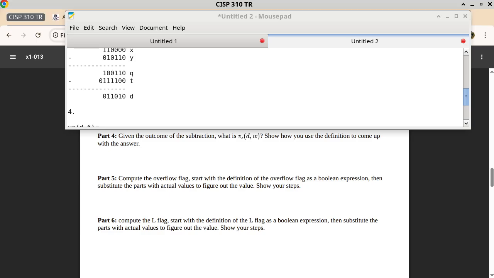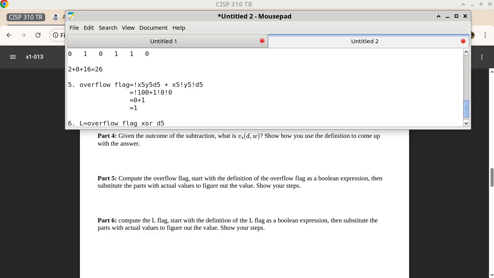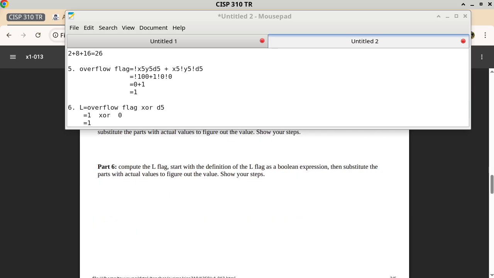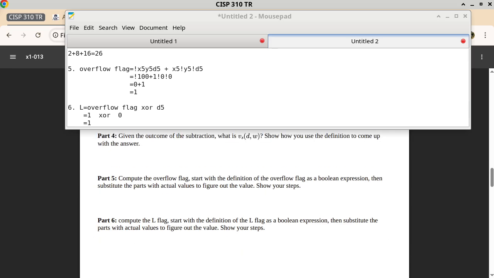D5 is a 0 in this case. So that would be a 0, and that is a 1. Okay, so the L flag is a 1. And let me see if I missed anything. Substitute, show your steps. Okay, I think I did everything that the question was asking for. All right. Any questions about number 2?